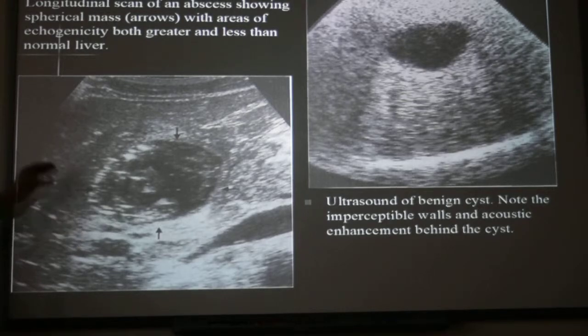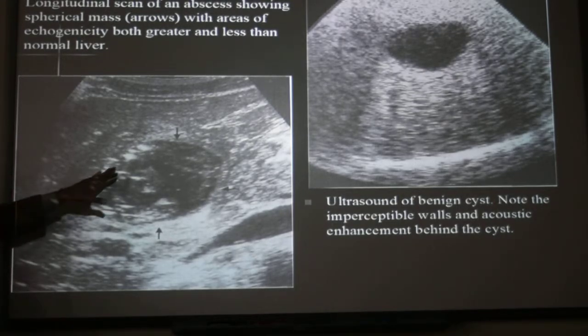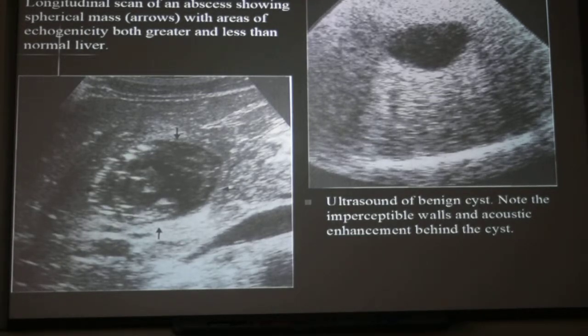So remember, the air and stones both appear bright like this on ultrasound. It is only the shadowing which tells you whether this is stone or this is air. So this is actually air inside this cyst. So this is an abscess, an air containing abscess, and this is all debris inside. That is why it is not clear fluid.